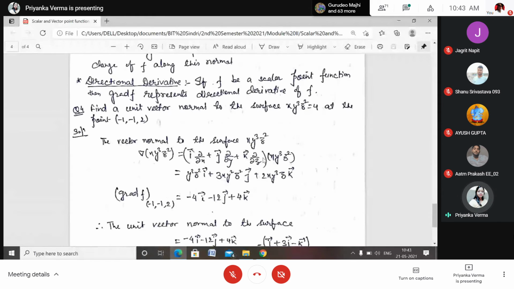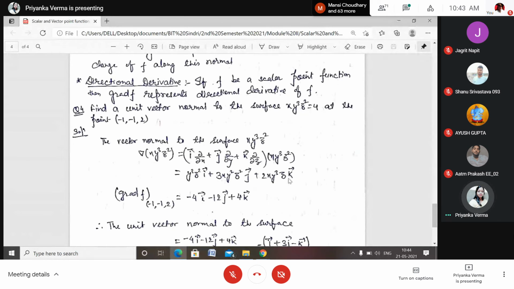So i will be as it is. We are differentiating with respect to x, so this will be 1 times y cube, i. Plus j as it is, differentiation with respect to y, so this will give 3x y square, j. Then k, and differentiation with respect to z, so this will give 2z, k.